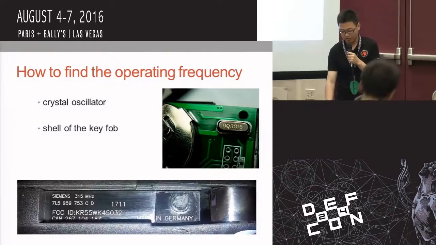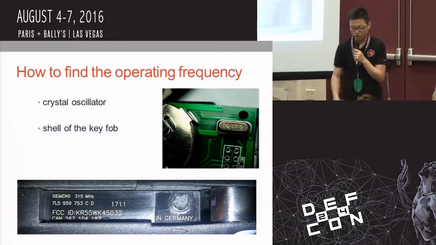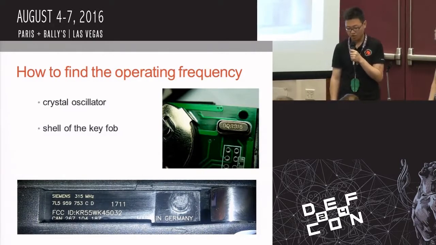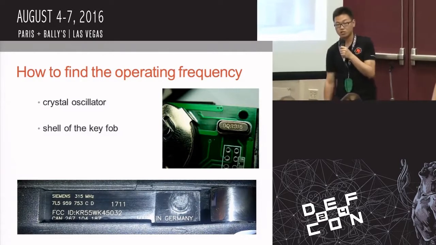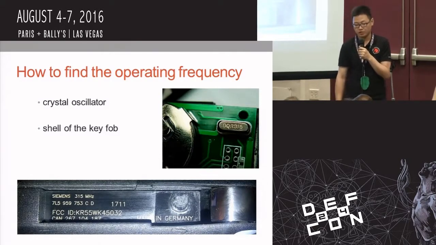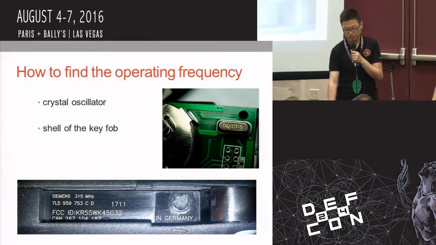We can also find the FCC ID on the shell of the key fob, search it on the website, and get more information about it. If we cannot get the information this way, we can find another way.